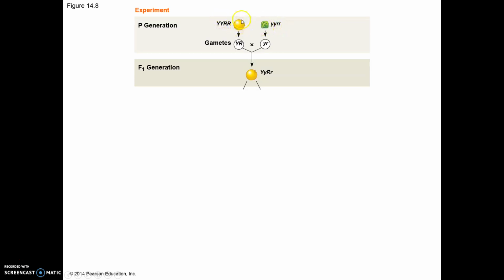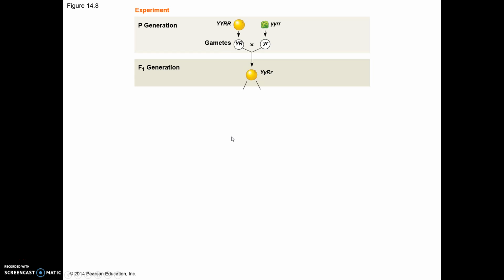So here we take a yellow round pea, cross it with a plant that produces green wrinkled peas, and then we are going to produce an F1 generation. This will always be yellow round peas because these are the dominant alleles. But there are two possibilities that could fall out here.